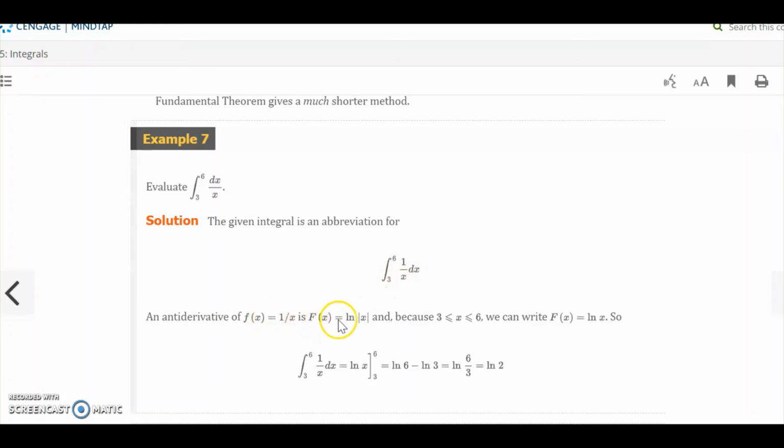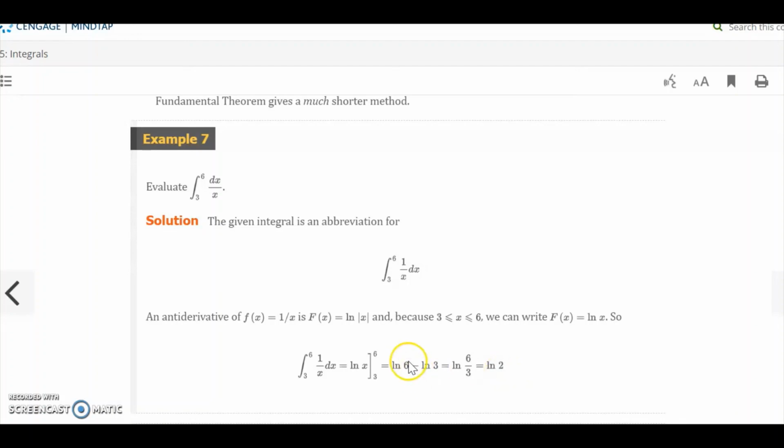So the antiderivative is actually ln of the absolute value of x. And we're looking from 3 to 6, so we're plugging in 3 and we're plugging in 6. So we have ln of 6 minus ln of 3, and if you remember your natural log rules, it's the same thing as ln of 6 over 3, which is ln of 2.